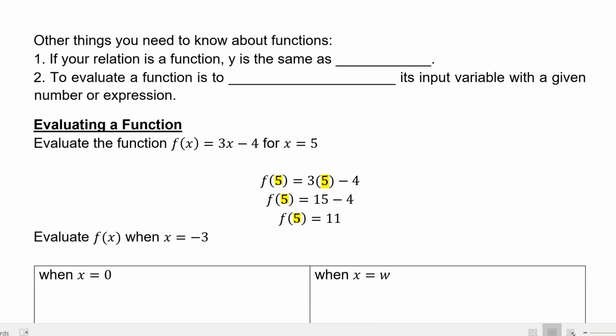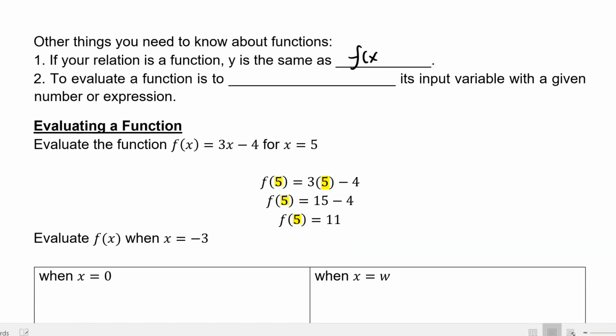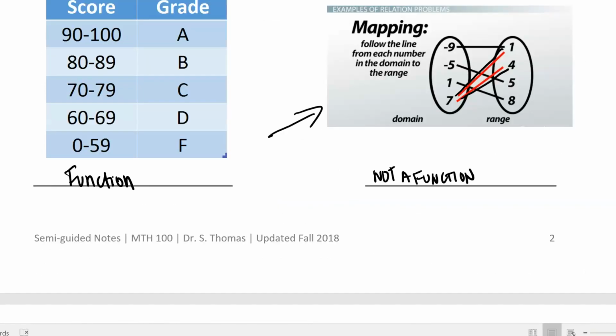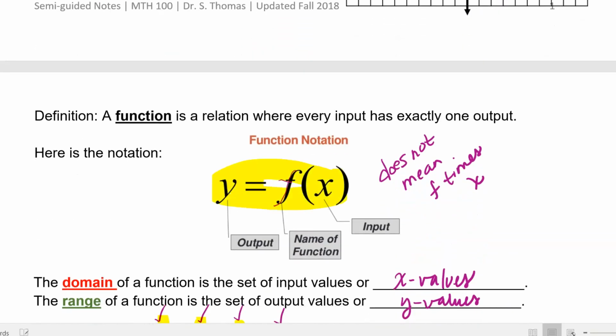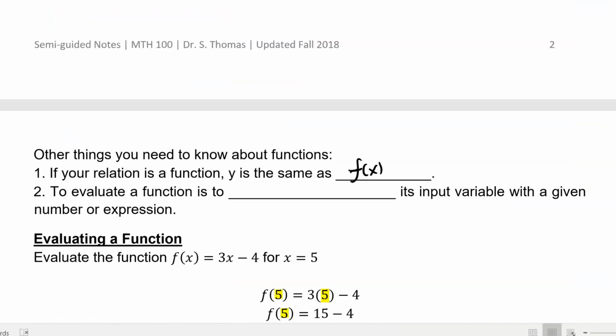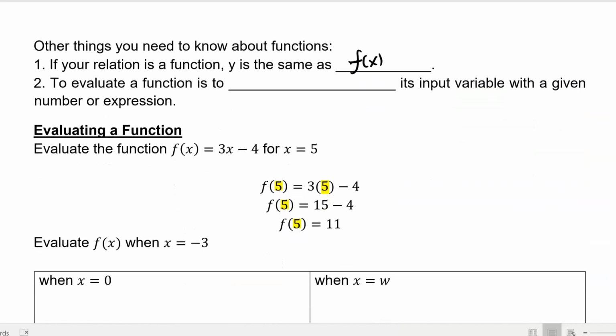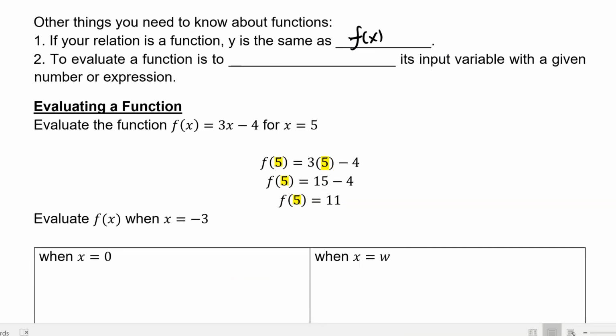Let's move on to other things you need to know about functions. If your relation is a function, y is the same as f of x, and we mentioned that at the beginning of the second page. To evaluate a function, which is a new concept, is to substitute its input variable with a given number or expression.